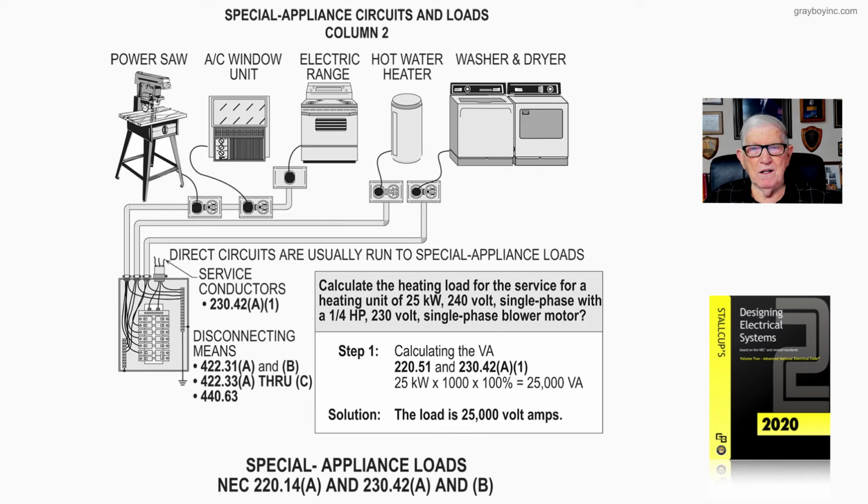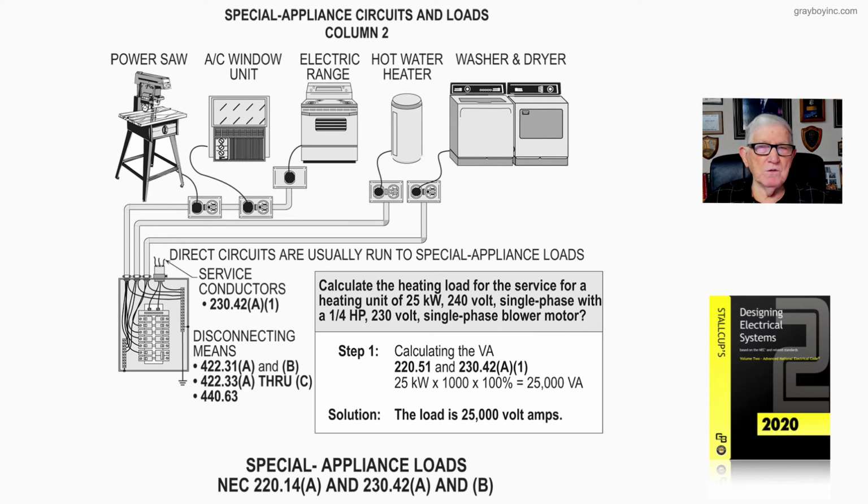And then, of course, if you're dealing with a heating unit for the disconnect, look at 422.31(A) and (B), 422.33(A) through (C). And if you're dealing with a cord and plug connected air conditioner, 440.63. So you can pick up these rules, but for the service, we'd be dealing with 230.42(A)(1), or we could go to Table 220.12, I believe it is, and if it was commercial, we could pick up a VA rating.